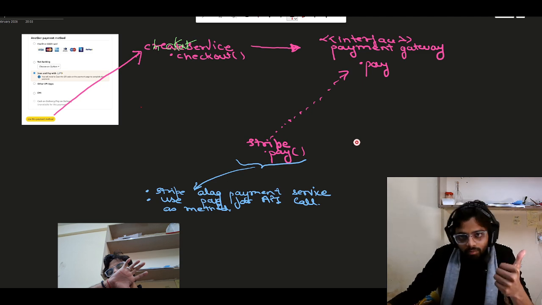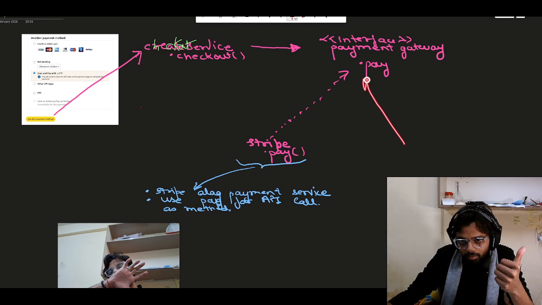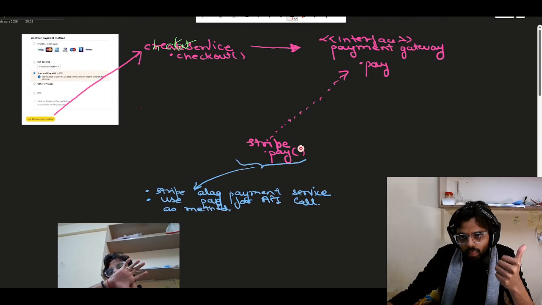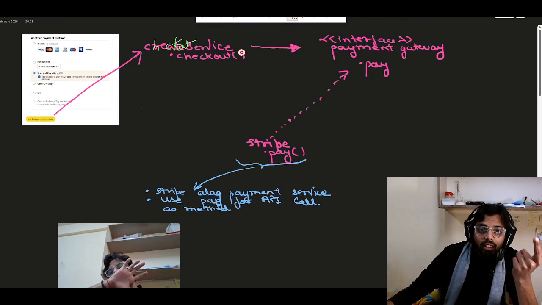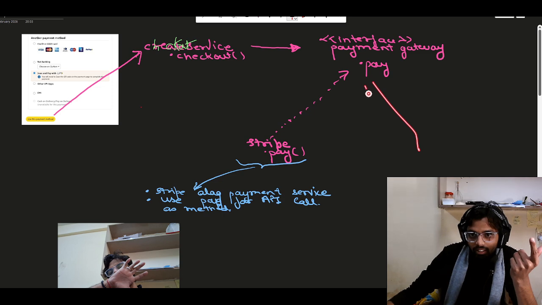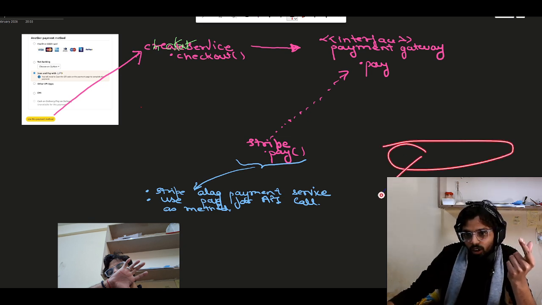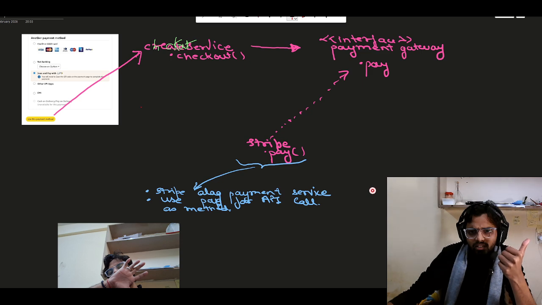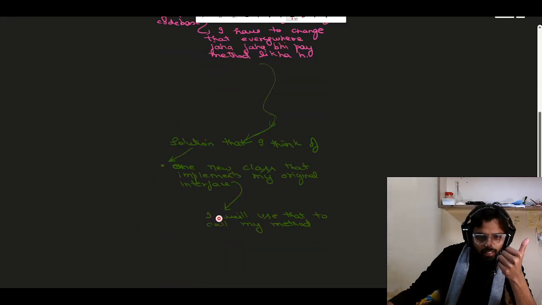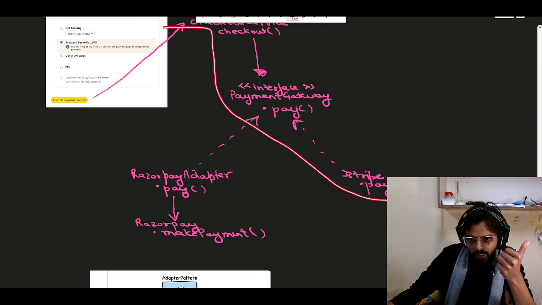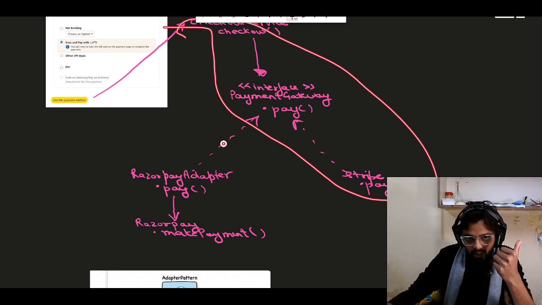The problem that I'm facing is how can I implement this pay method when I have this create payment method. One possible solution is to implement this method using another class, and in this class I call the create payment method.